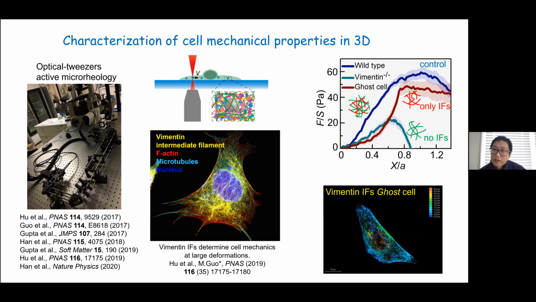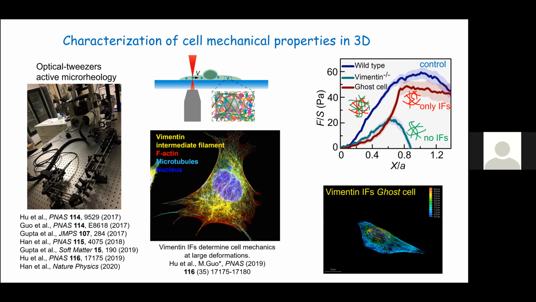In this case, we find the cells with vimentin intermediate filaments have higher toughness, almost 3, sometimes I think even 4 times higher than the cells without vimentin. So the conclusion here is that cytoskeletal intermediate filaments seem to be a very important player for cell behavior at large deformation. You need them when you deform a lot.